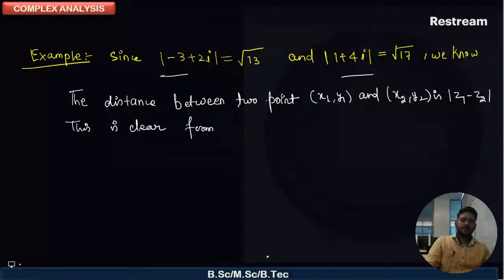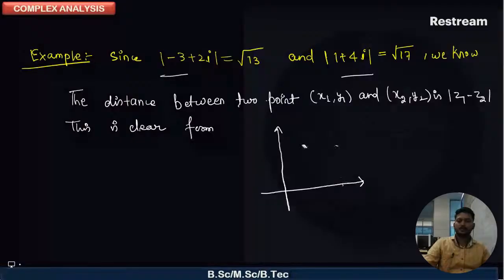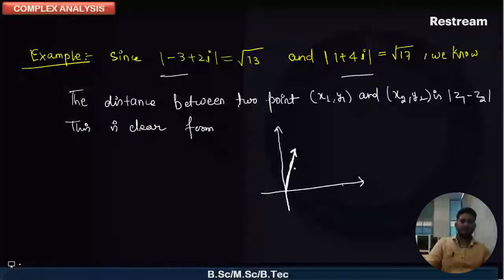Let me take one figure for this. Now I am going to take a point, join the points, and draw a graph for this, using an easy method. Two vectors, z2 and another vector, and now the difference in imaginary parts is like this.